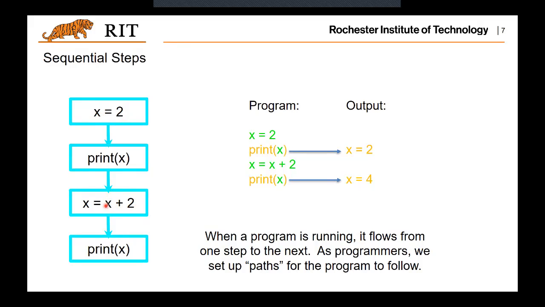And then this 4 will be assigned to x again. After this line, the value stored in x is 4. And then you print x. See, its output is x equals 4, right? So that's a sequential step in a program. Any questions regarding this?